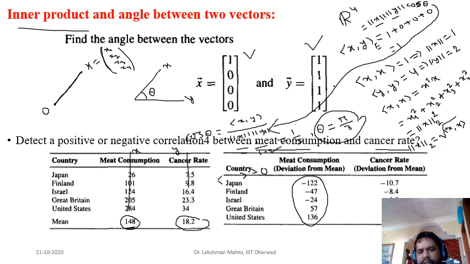Now if you try to find the dot product between these two, can you say whether it is negatively or positively correlated? Because here you observe both negative and positive entries. So you have to find the dot product between this vector, call it x dash, and this vector, y dash. As homework, just try to find it, and you can put your answer in Google Classroom.